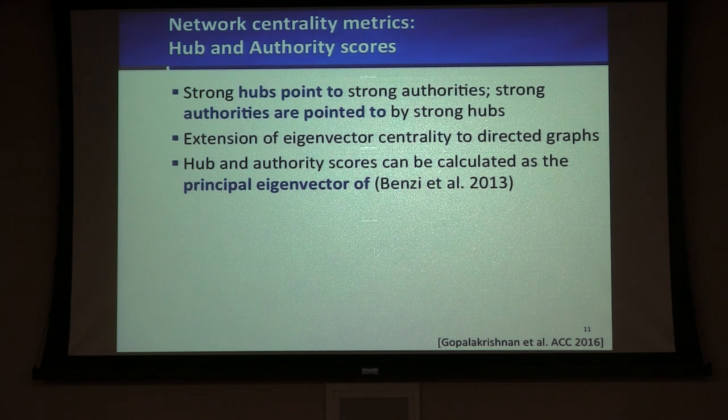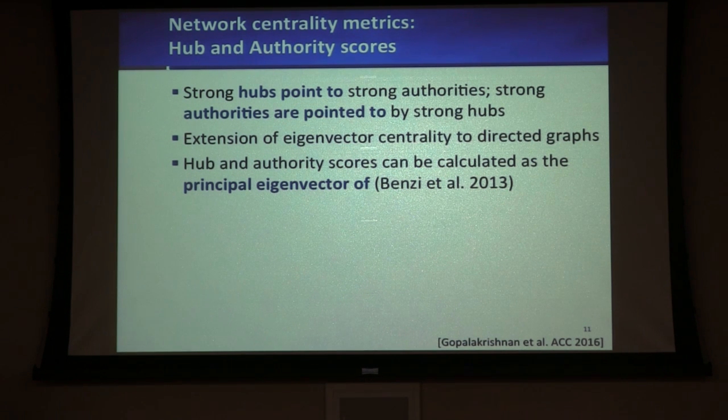You're a strong hub if you point to nodes that are strong authorities, and a strong authority is one that's pointed to by strong hubs. So it's a cyclical thing where I become more important as a hub if the people I'm pointing to are strong authorities, and they become more important because they're pointed to by me, and so on. This is just like eigenvector centrality but for directed graphs.